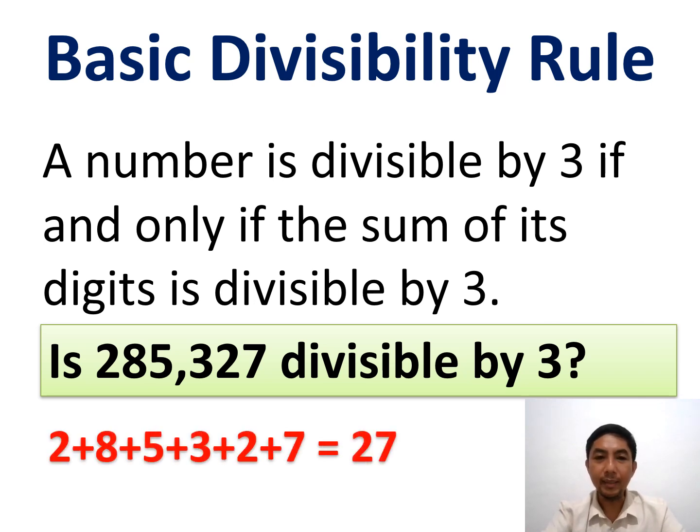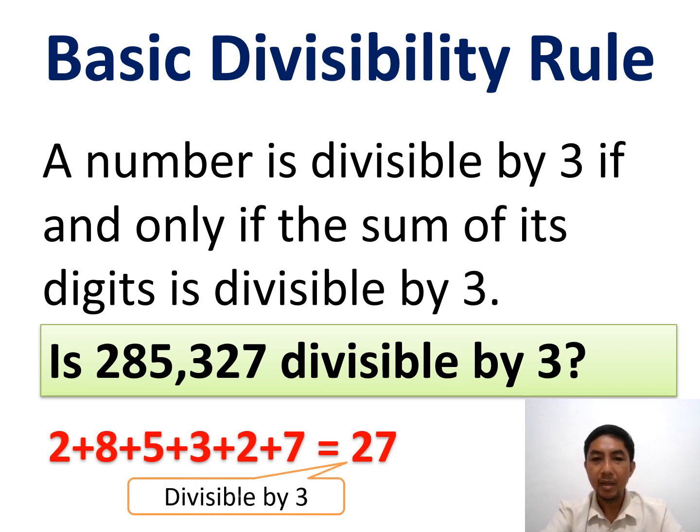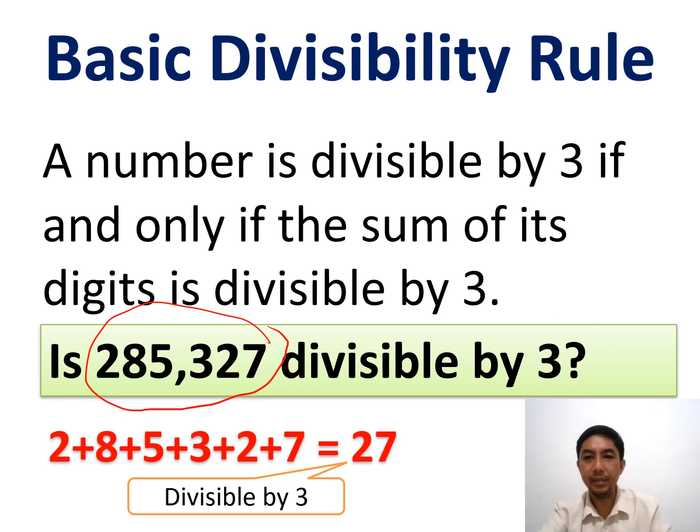If you add the digits of the number, 2 plus 8 plus 5 plus 3 plus 2 plus 7, the sum is 27. Now 27 is obviously divisible by 3. So therefore, the whole number 285,327 is divisible by 3. So the answer is yes.